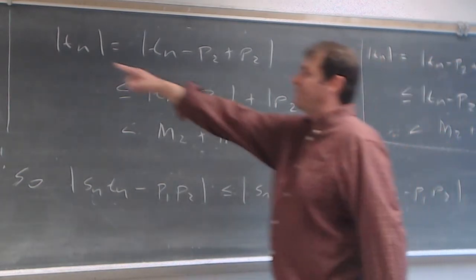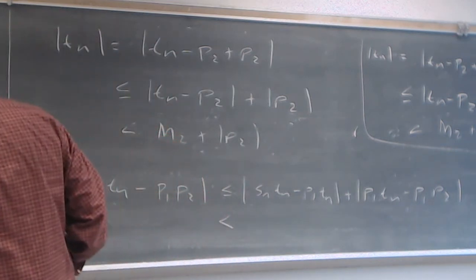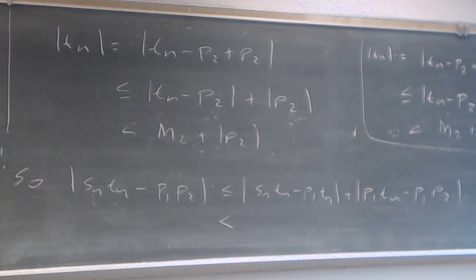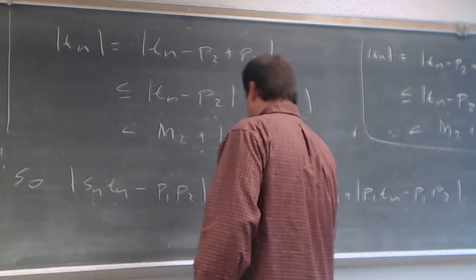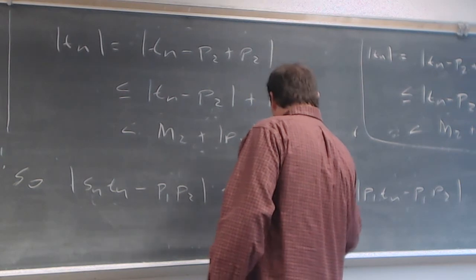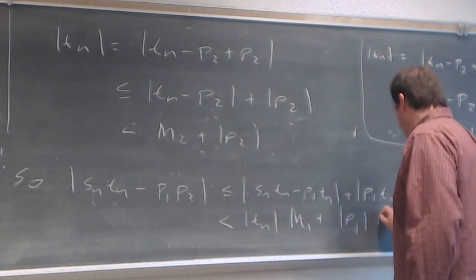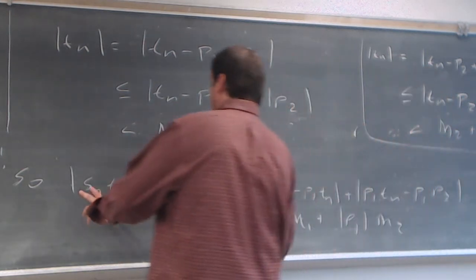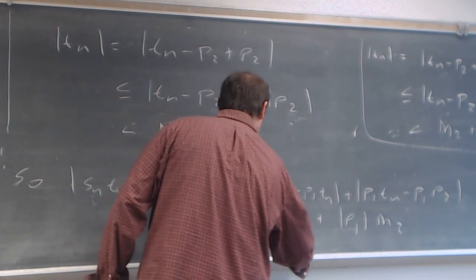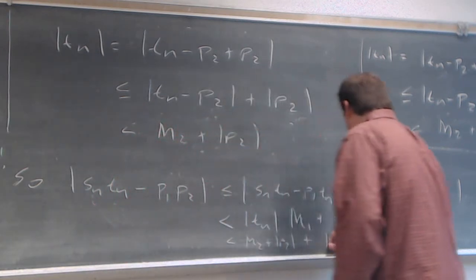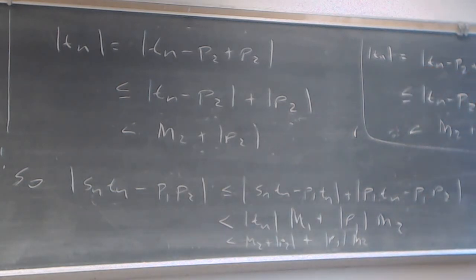I'm just rewriting the work we have here, okay? Which we get is less than, all the way down to, because we're making a substitution here, it's going to be T sub n, M sub 1 plus P sub 1, M sub 2, but then we just have a bound on this guy, which was M sub 2 plus P sub 2, plus P sub 1 times M sub 2. Is that okay with everybody?